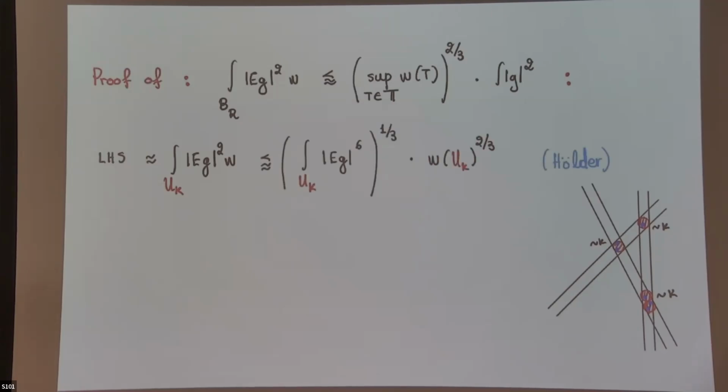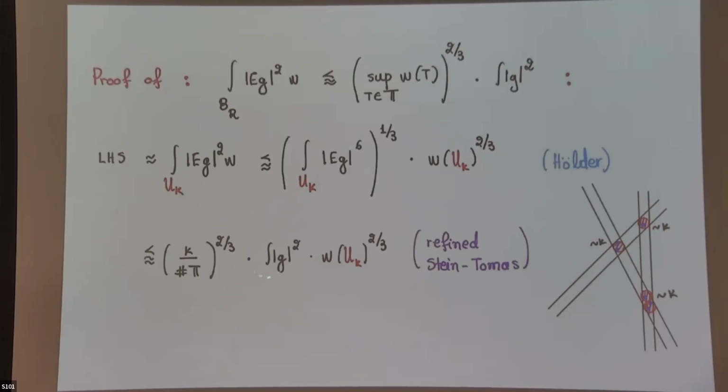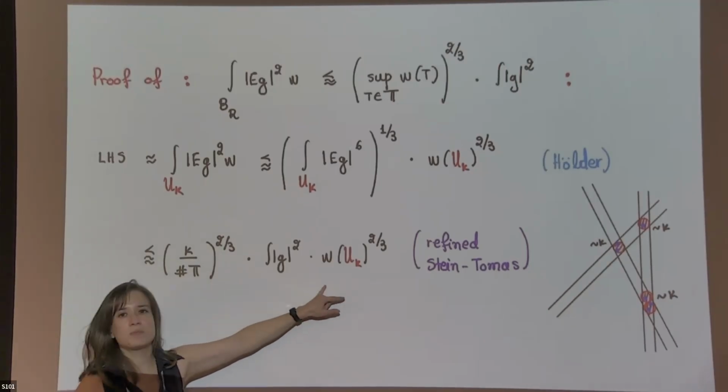We do Hölder to go from L2 to L6, and we get this loss here. And then we apply the refined estimate. So there is the L2 norm here, but times the small factor, K over the number of cubes in total. So this is the improvement relative to before. Before we just had this part.